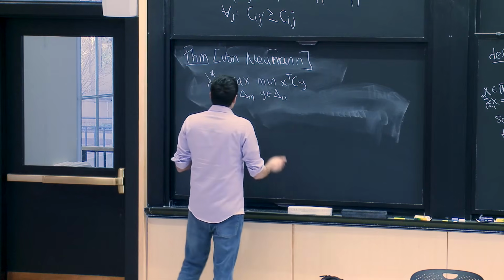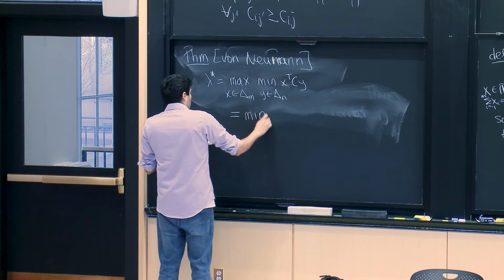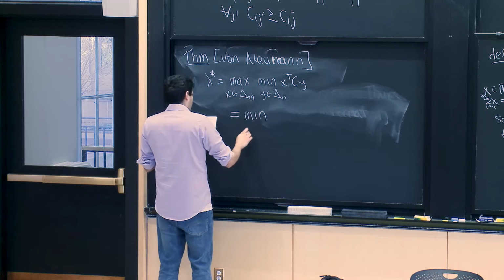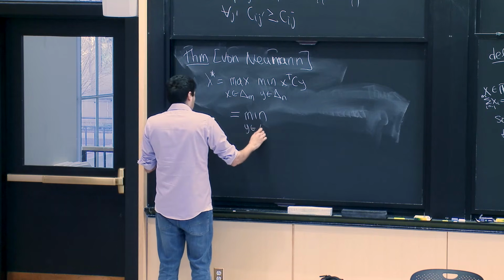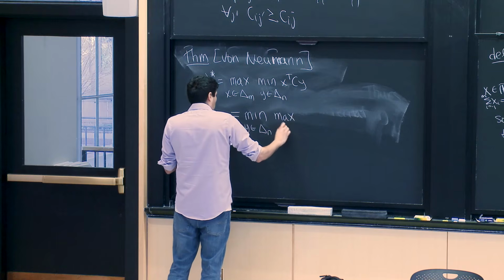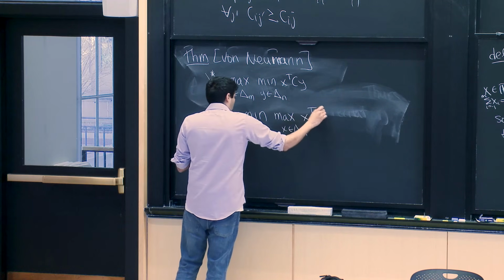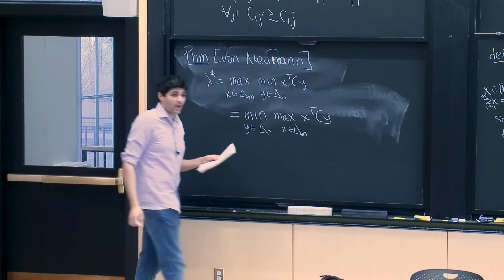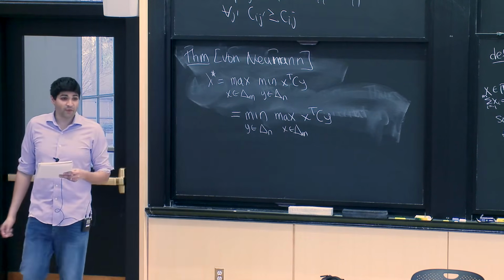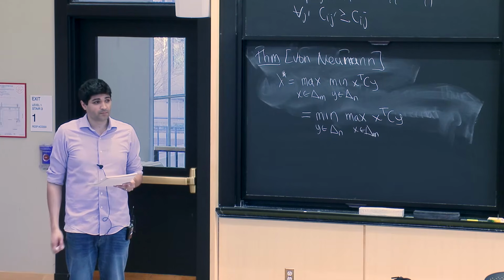But I claim that this is actually the same thing as switching the max and the min. So the min over all y in delta n of the max over all x in delta m of the same thing, x transpose c y. This is my favorite theorem in the entire class we're going to cover.